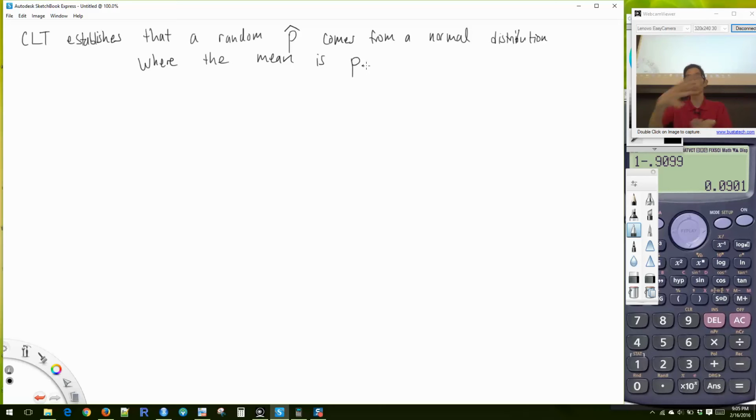Now I don't know what exists in the bucket. I don't know that the bucket is exactly 30% orange. But if I draw a random sample of candies out of the bucket, and I see that, let's say, 42% of these candies are yellow, what percentage of the bucket is yellow?